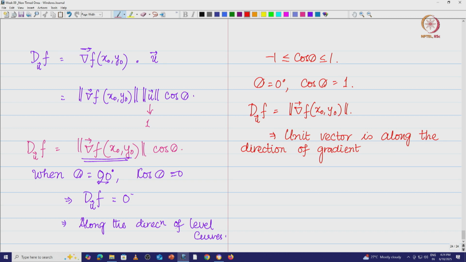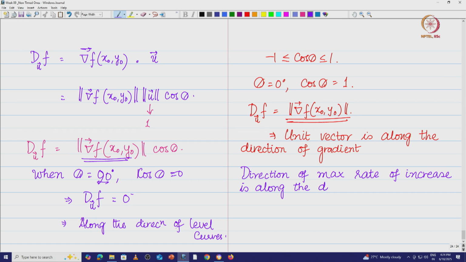And from one level curve to the next, this is going to be at 90 degrees. Therefore, what we say is, look, along the direction of the gradient is where we are going to have the maximum increase. So, this is going to be the direction of maximum rate of increase, along the direction of the gradient.